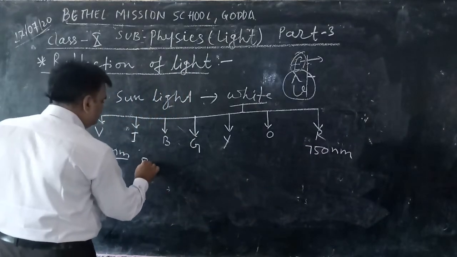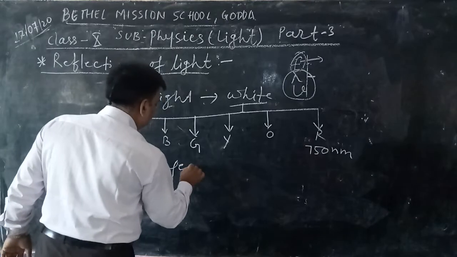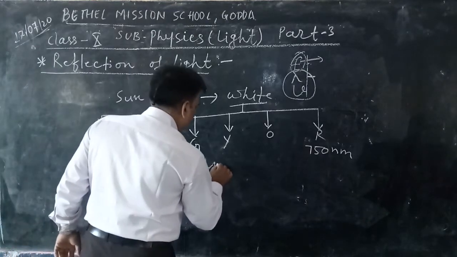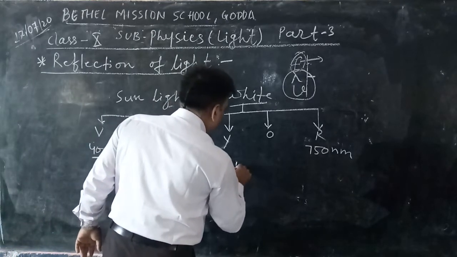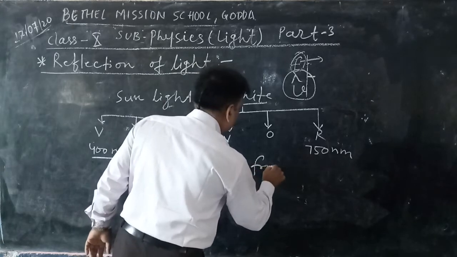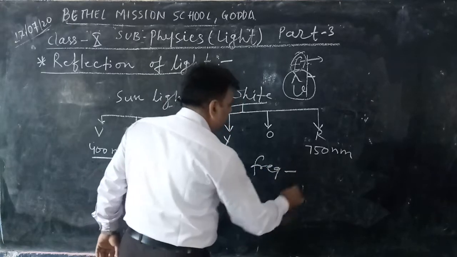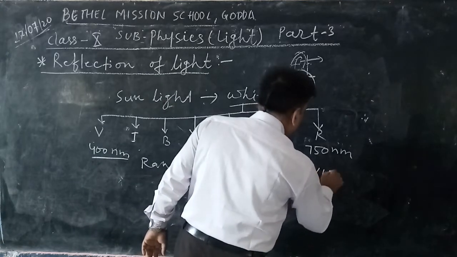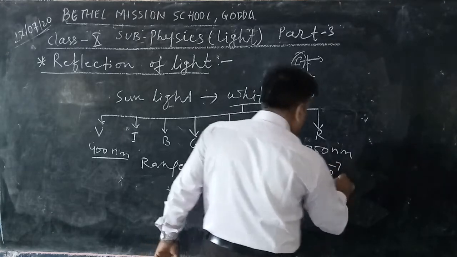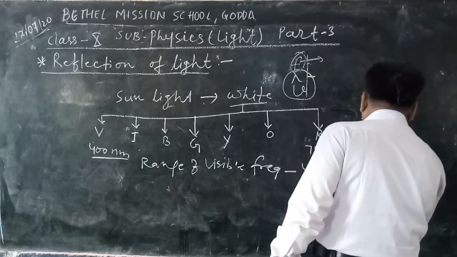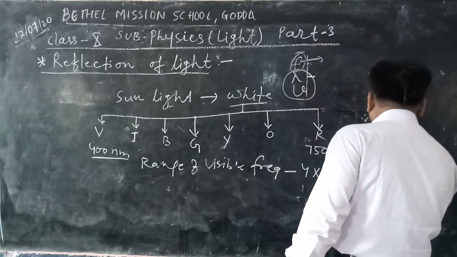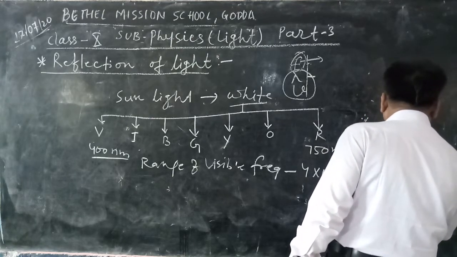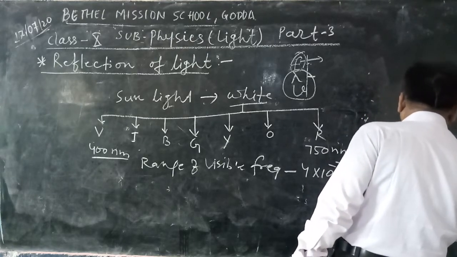So the range of visible light is 4 into 10 raised to the power minus 7 meter to 750 into 10 raised to the power minus 7 meter.